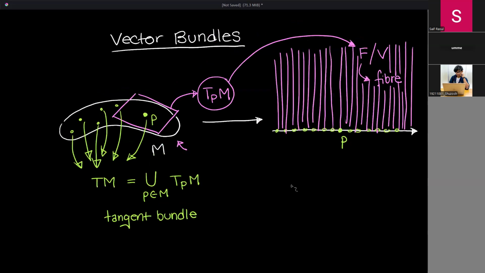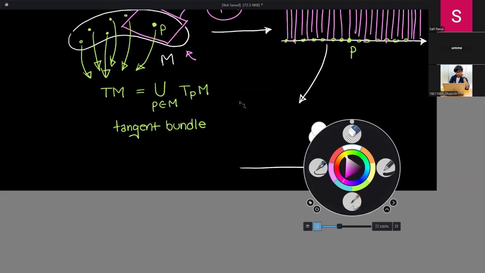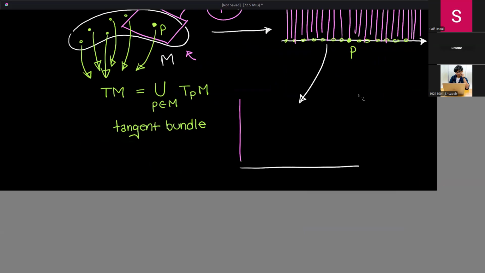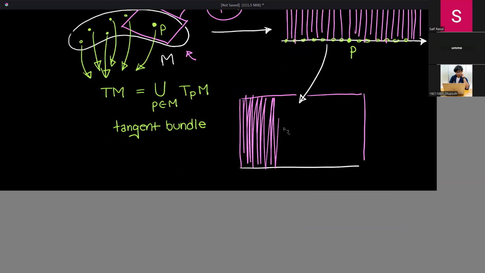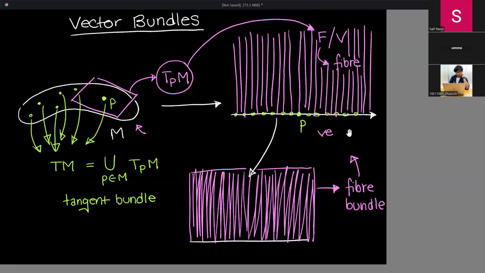Well, we get something like this. I'm going to shade that in very quickly. This big space is called the fiber bundle. And since our fibers are vector spaces, this fiber bundle is called a vector bundle.